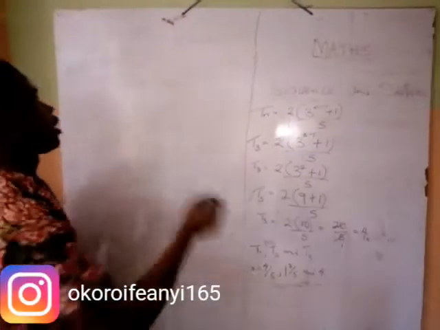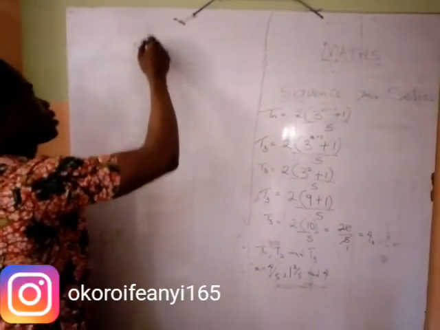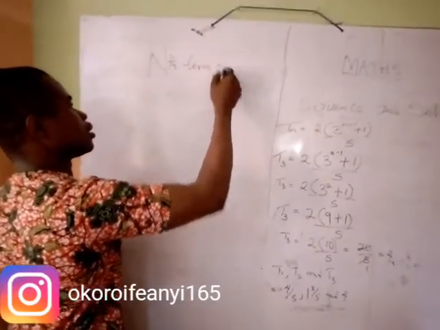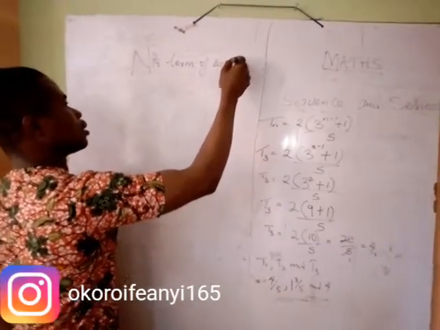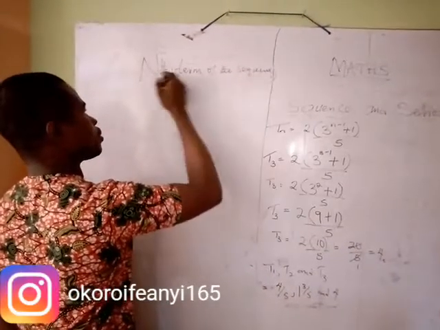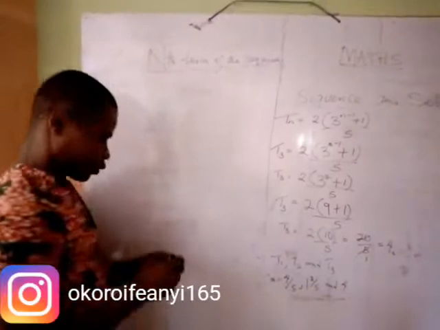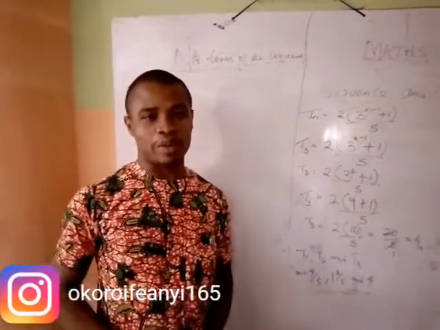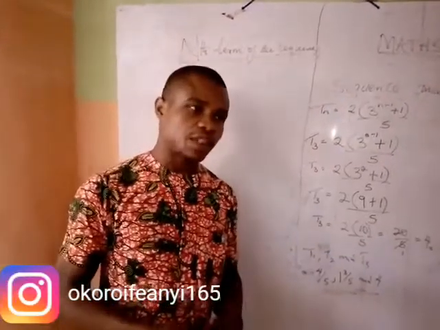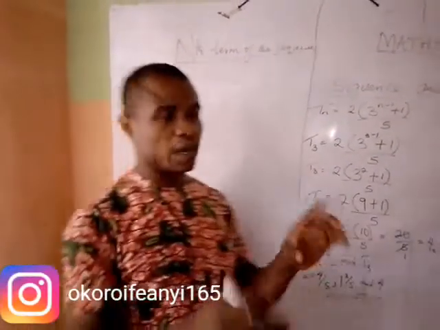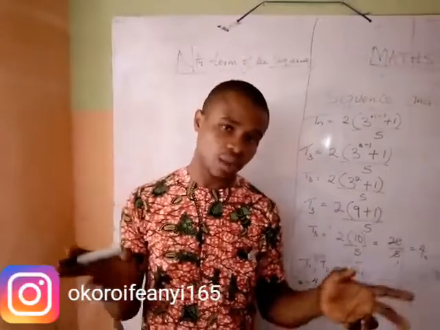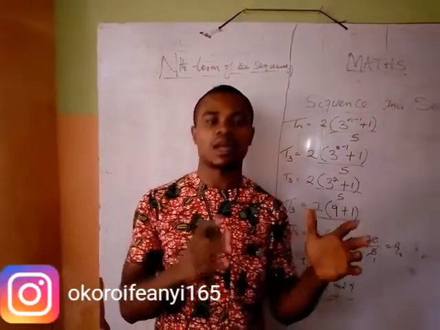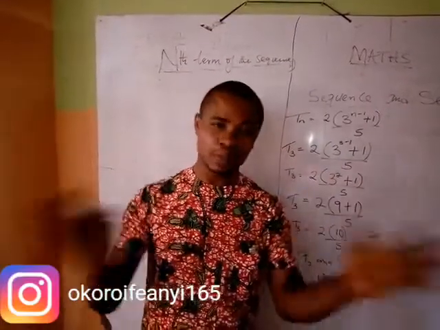Okay, the nth term of a sequence. The nth term of a sequence can be solved in 2 ways. You get it whenever the terms of a particular sequence have just one common difference, and another way whenever the terms have separate differences.